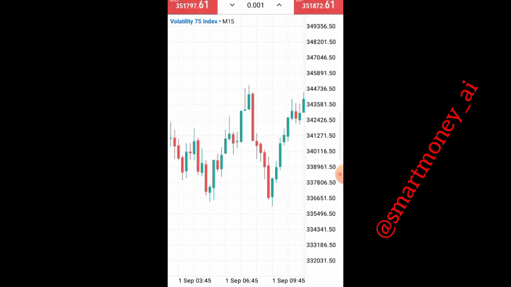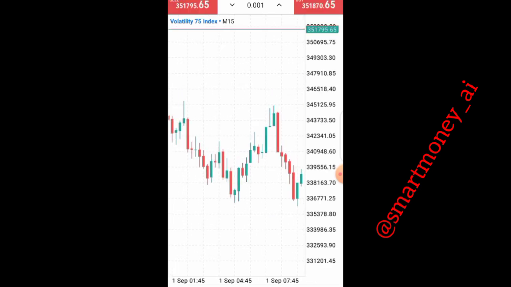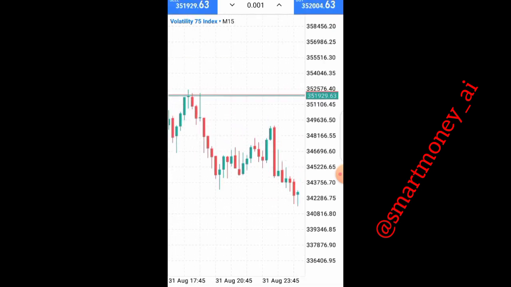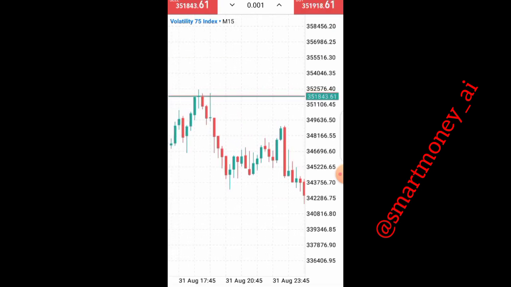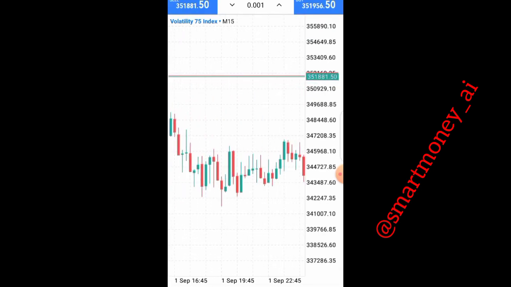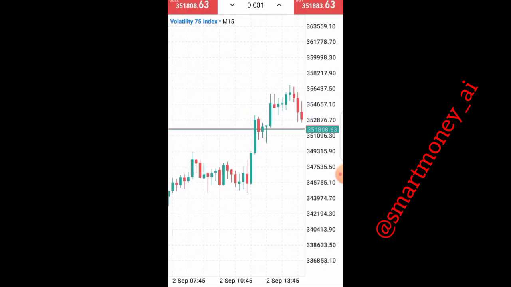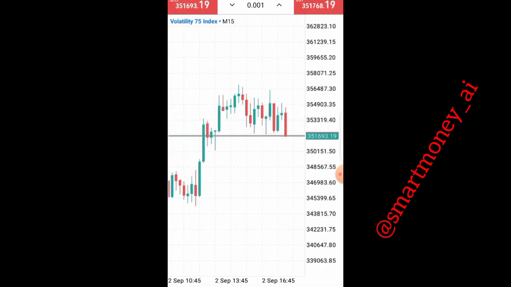Just imagine. So understanding these candles lets you know what language the market is speaking to you, and it helps you to make informed decisions whenever you want to place a trade.